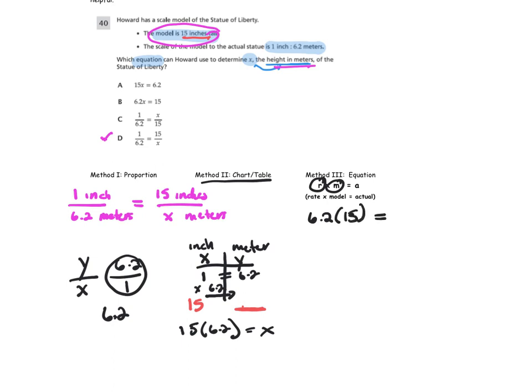And that should equal the actual. We're talking about the actual measurement, and we're using the variable x because that's what they used here. So once again, if we look at these equations, 15x equals 6 and 2/10, or 6 and 2/10 x equals 15, that's not what we have written here. So we can now eliminate these, and we already have chosen from the beginning what the equation is.